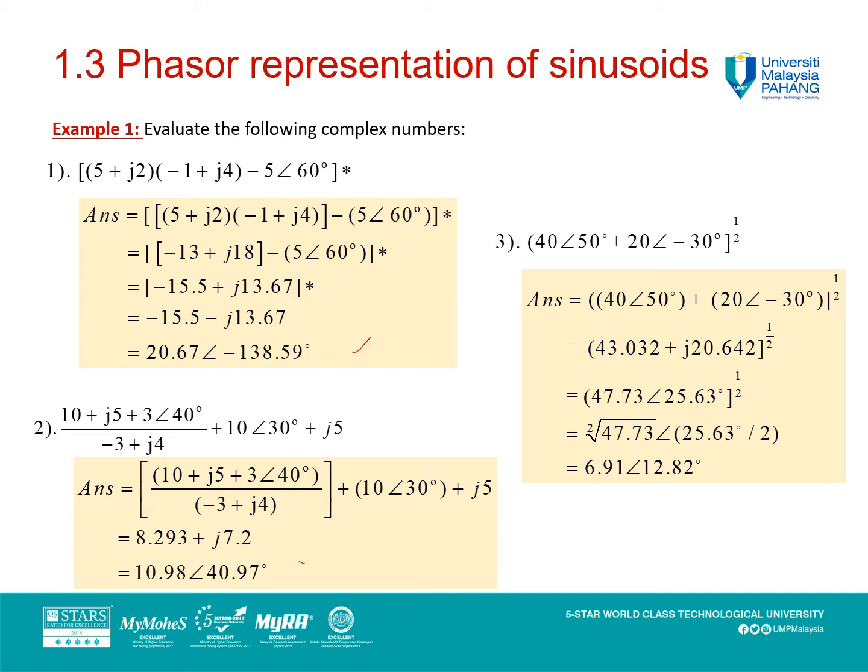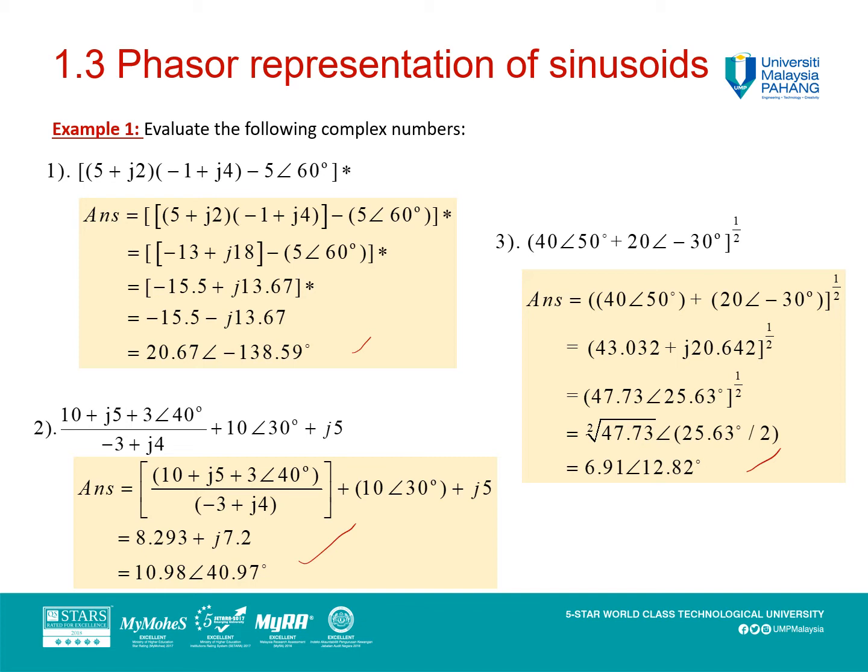The most important thing is that you know how to bracket your equation when using the calculator. Don't forget you must bracket your equation first before you push the calculator to get the answer.